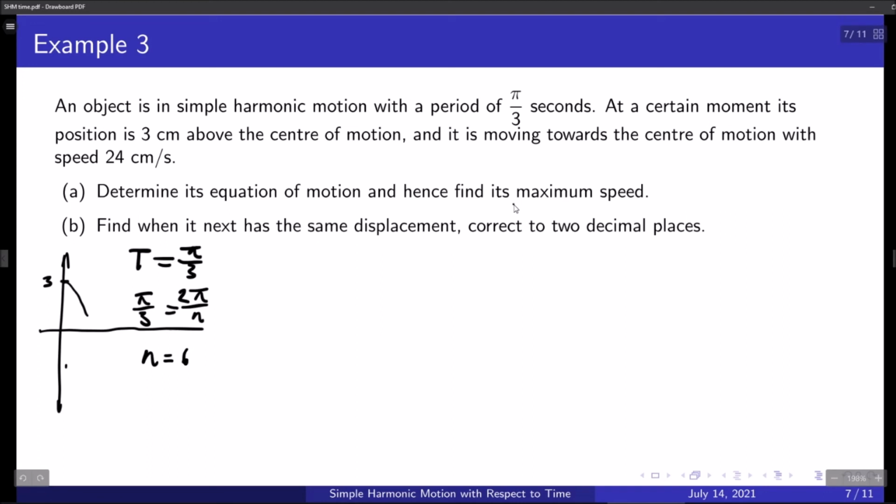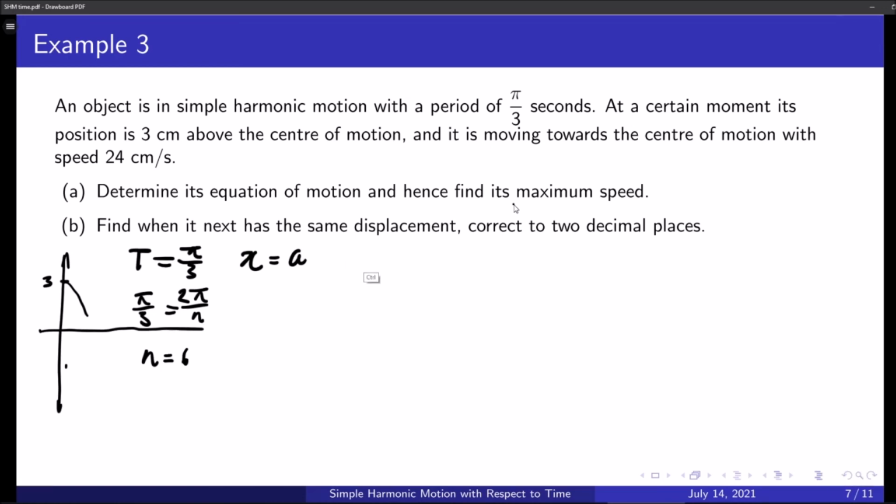Okay, so this is the first piece of information we get. So we have x equals, unfortunately we don't have the amplitude because we don't know if 3 is at the maximum or not. So we cannot simply assume 3 is our amplitude. So we just have to write a number to stand in.